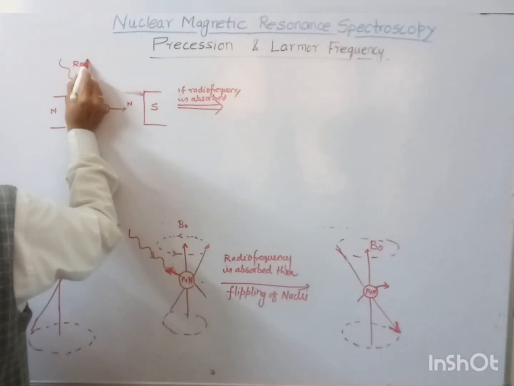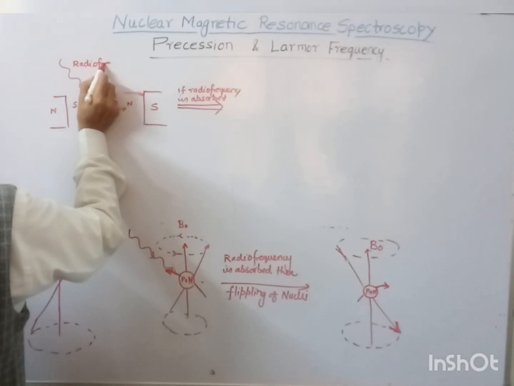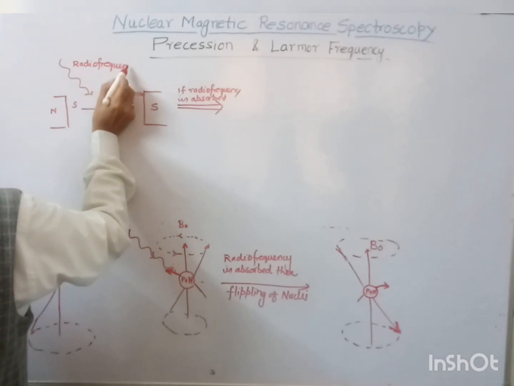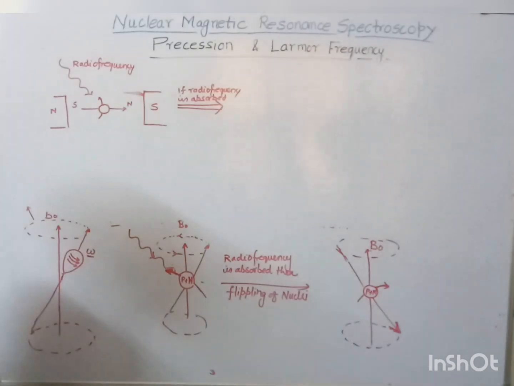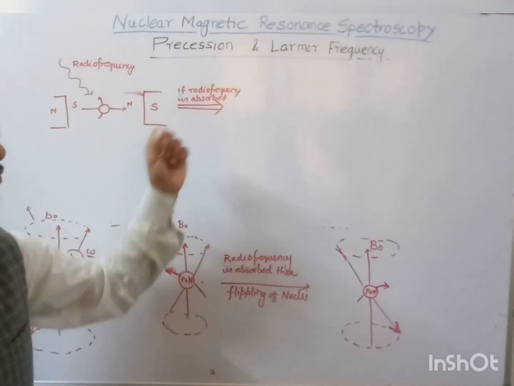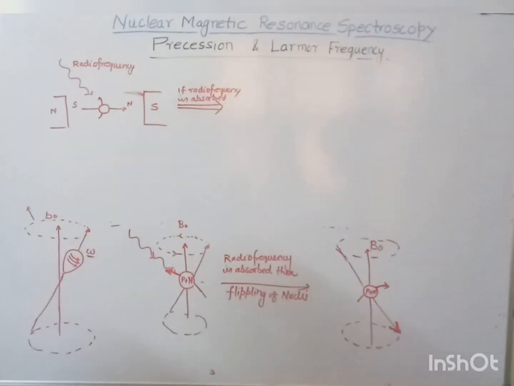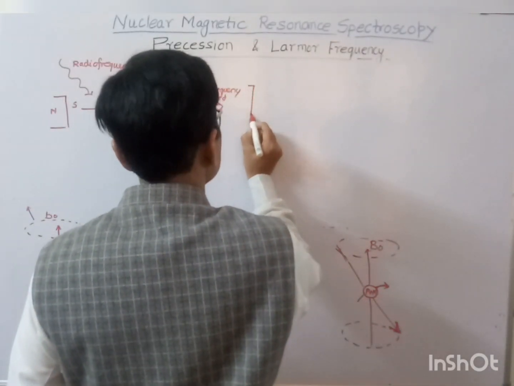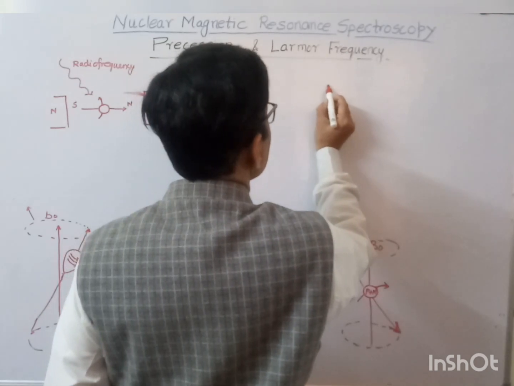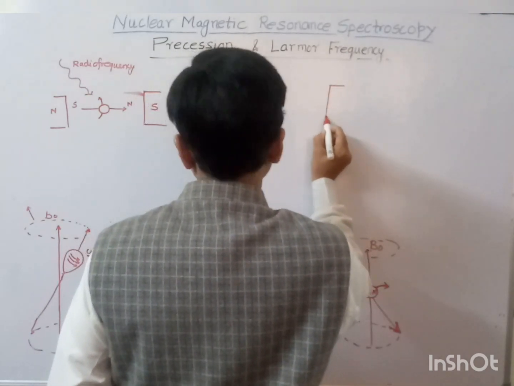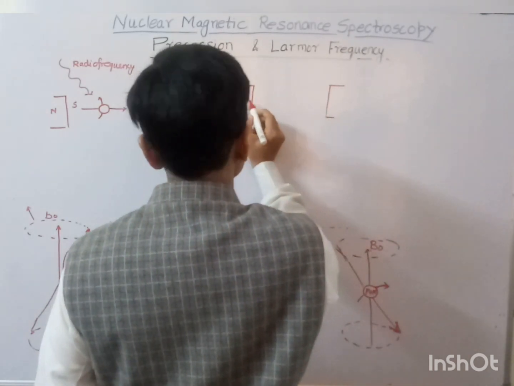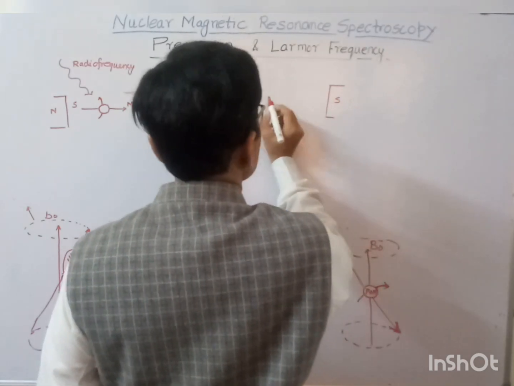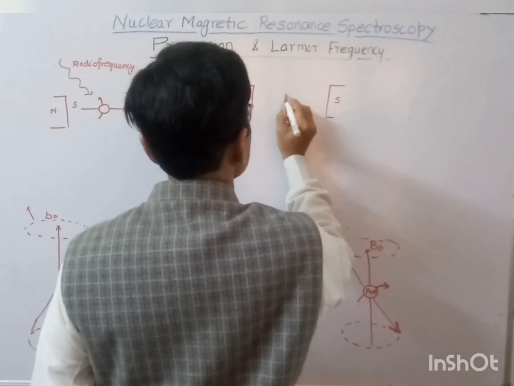So if this radio frequency falls over the nuclei, and if this frequency is absorbed, then what will happen? As soon as it is absorbed, the nuclei will start precessing. So it will now start precessing.